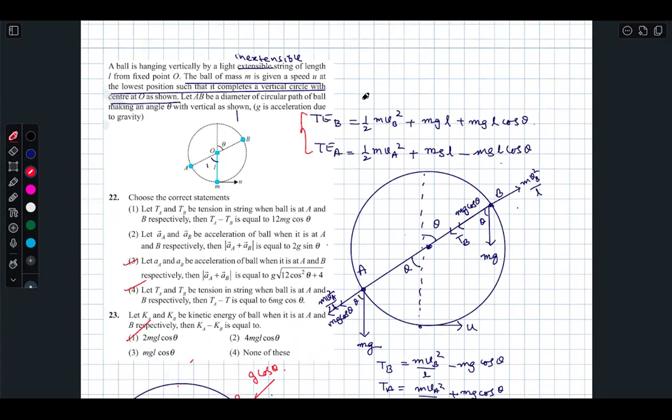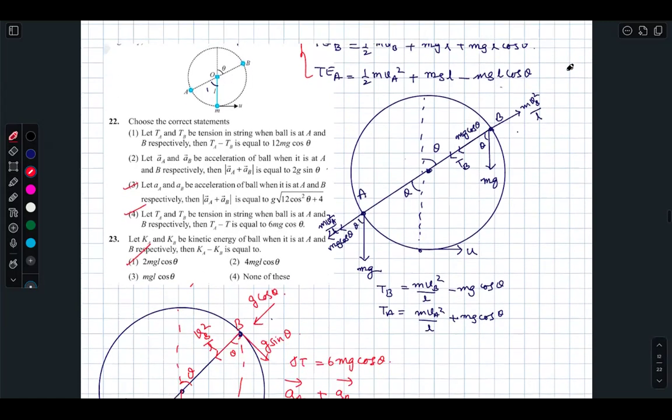Total energy is conserved. So therefore, VB square by L plus g, dividing both sides by mL, plus g cos theta is equal to VA square by L plus g minus g cos theta.